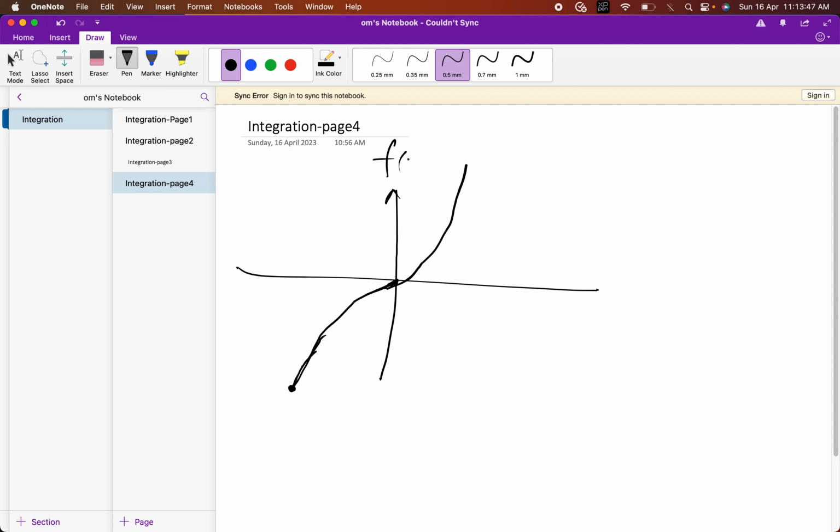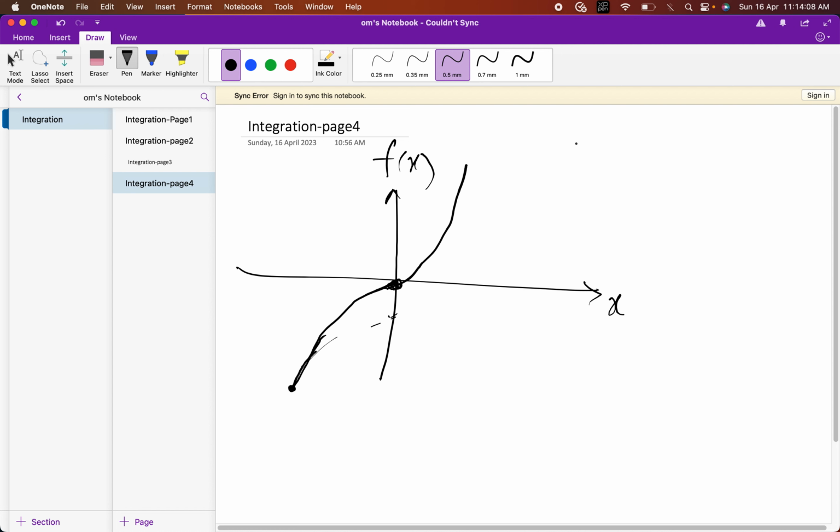Something like that the original function should look like. I don't know whether it passes through 0 or not, I am just assuming, but it becomes more and more positive. So this is the process of integration.